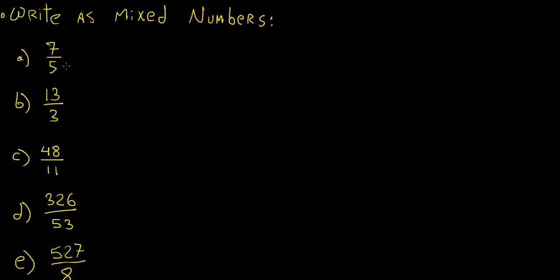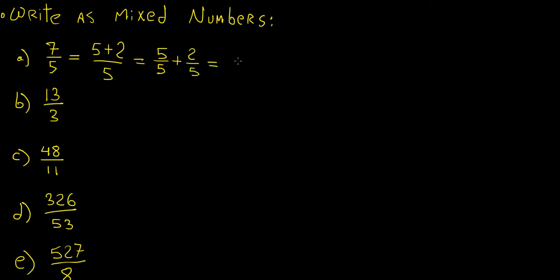Now in the first few examples, we notice that we don't actually need to do long division because we can straight away see that we can decompose this as follows. We can write the top as 5 plus 2, on 5. Then we could simplify this by splitting it up into 5 on 5 plus 2 on 5.